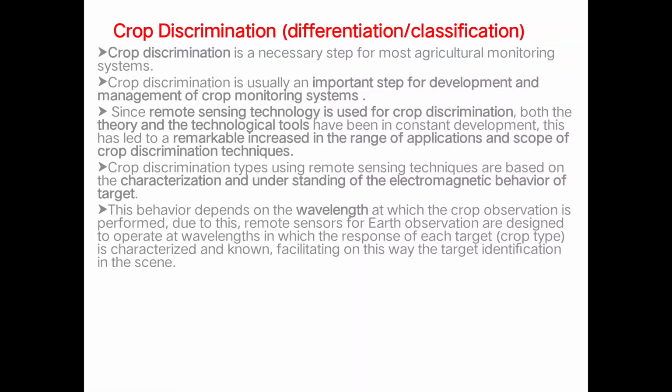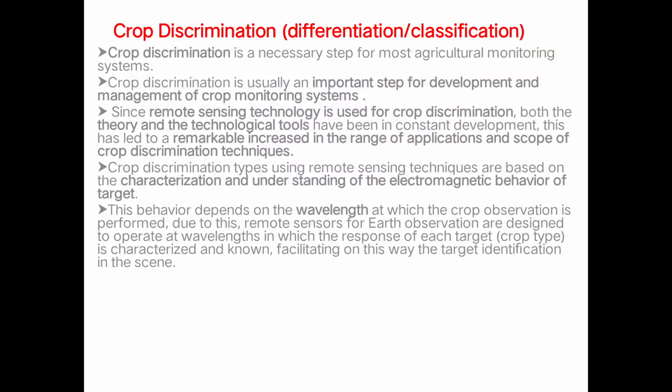That means remote sensing is an important technique used for crop discrimination. Crop discrimination using remote sensing techniques is based on the characterization and understanding of the electromagnetic behavior of the target. That means crop classification or crop discrimination is based on two things.